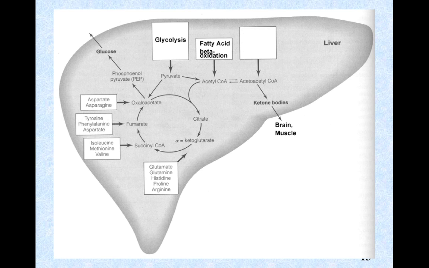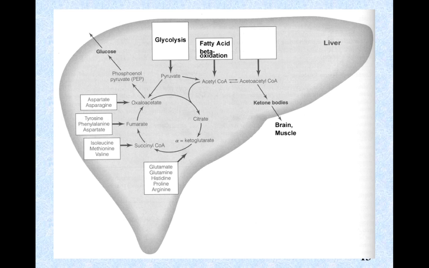Now, the liver is doing this to provide alternative energy sources to tissues like the brain and muscle. Ketone bodies are an alternative to glucose in those tissues. Okay, remember the brain relies on glucose. When glucose isn't available, the brain cannot use fats because they don't pass through the blood-brain barrier, which is an epithelial layer that excludes fatty acids.